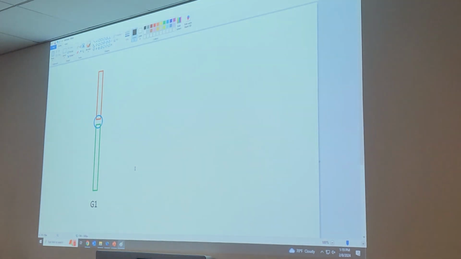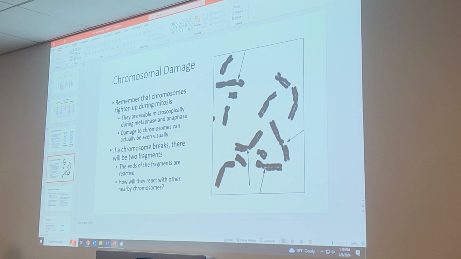This is a chromosome with two strands. No. Your chromosome always has one portion, centromere, second portion. If you look back over here, your chromosome always has one portion, centromere, second portion.